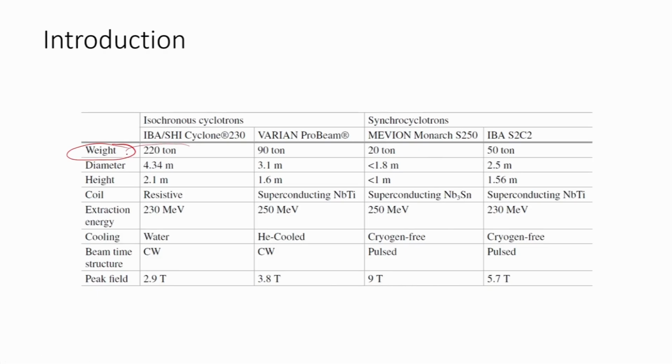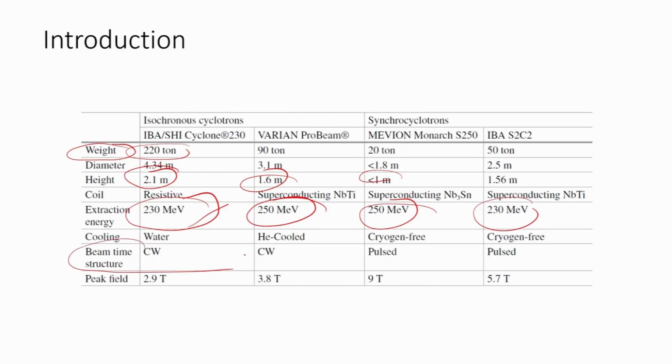IBA has the highest weight. The height is important, and the energy is very important. IBA proton therapy can produce a maximum of 230 MeV, Varian has 250, and the synchrocyclotrons also have 250 and 230.